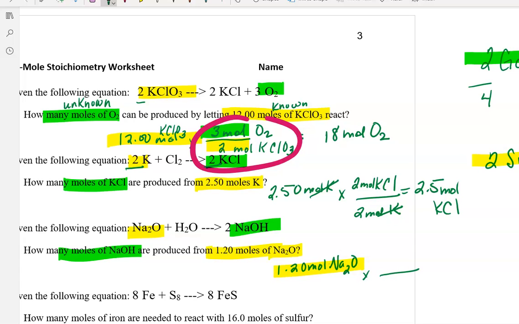So my ratio is going to be Na2O to NaOH. I have a coefficient of 1 in front of Na2O, and I have a coefficient of 2 in front of sodium hydroxide. So we do that math, we get 2.4 moles of NaOH.